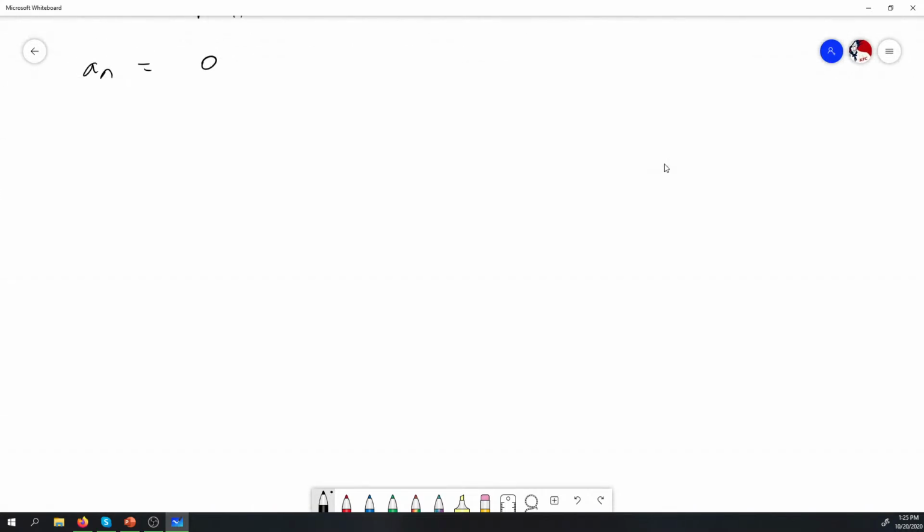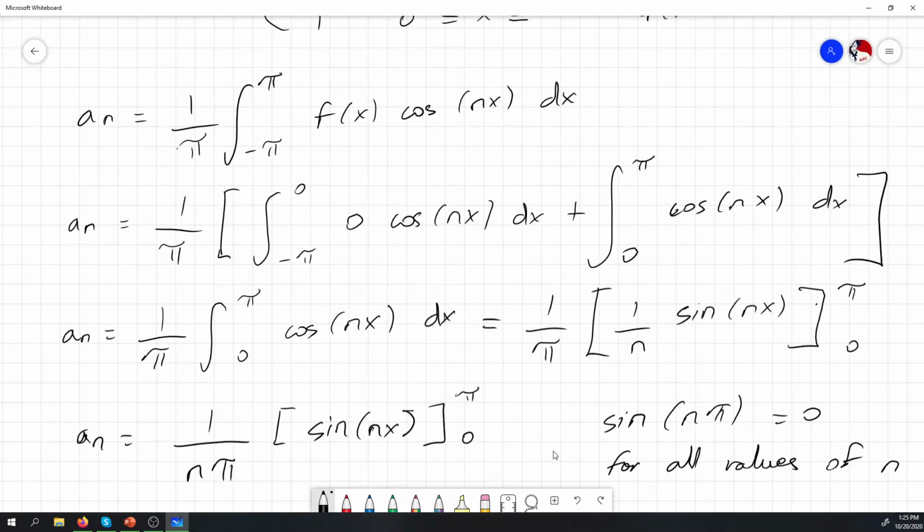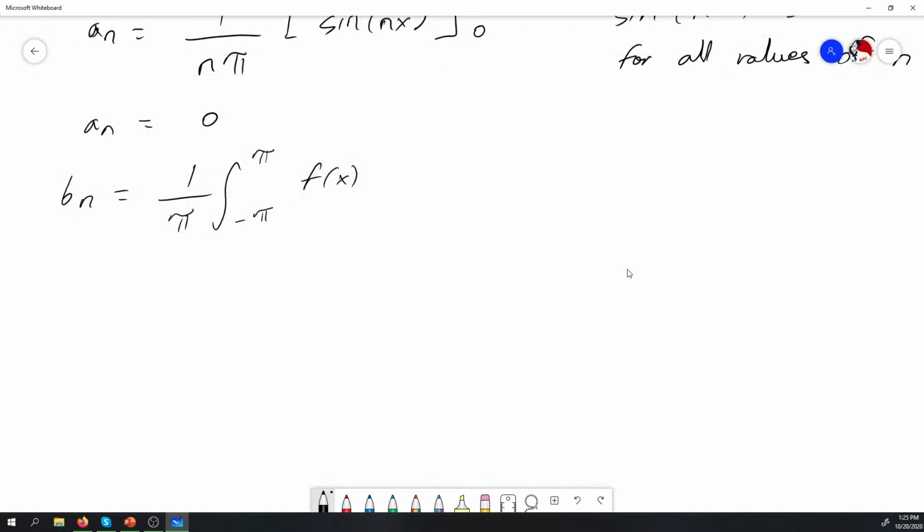And if we look at our b of n equation, this was 1 on pi, integrating between pi and negative pi of f of x. Our a equation is with respect to cosine, and our b equation will be with respect to sine, so it's sine nx.